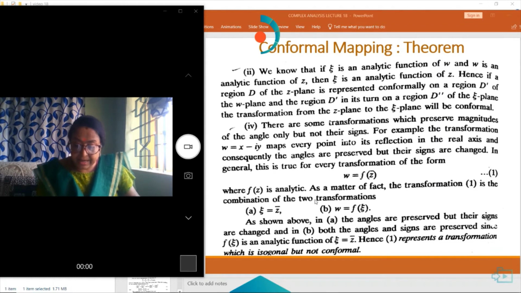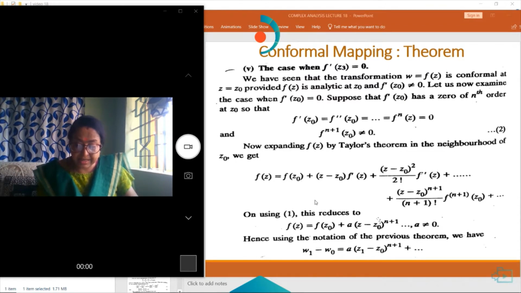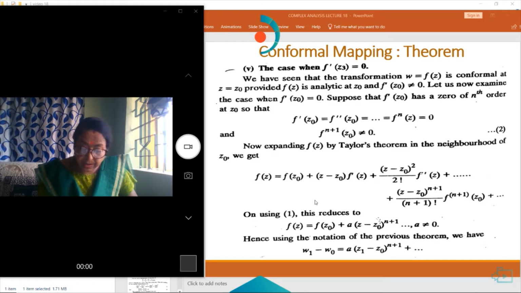So next case, when f dash z0 is not equal to 0, we have w is equal to f(z) is conformal at z equal to z0, provided that f(z) is an analytic function at z0 and f dash z0 is not equal to 0.